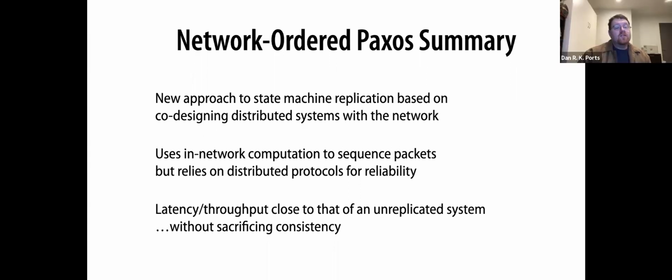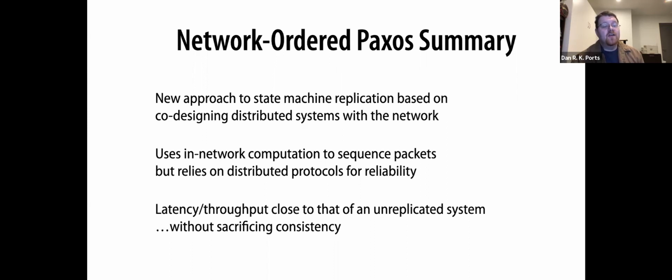This is a cluster, one rack in our lab at UW. There are no failures in this case. We can look at the failure cases as well. They're described in the paper. In general, it's a quorum system.